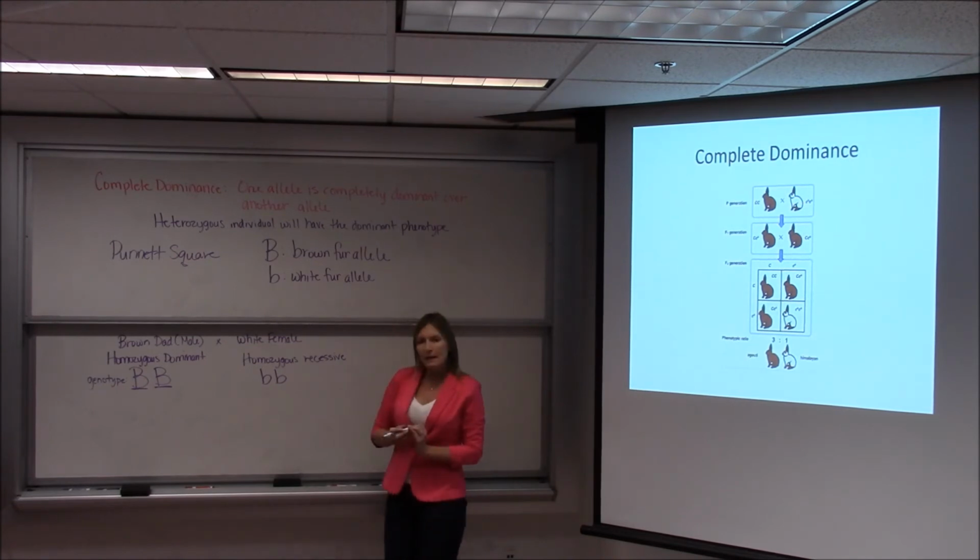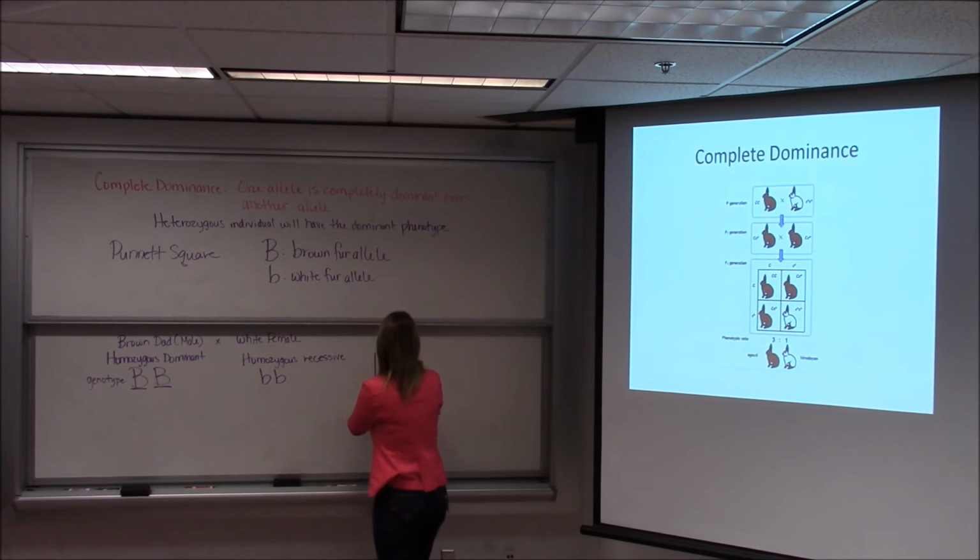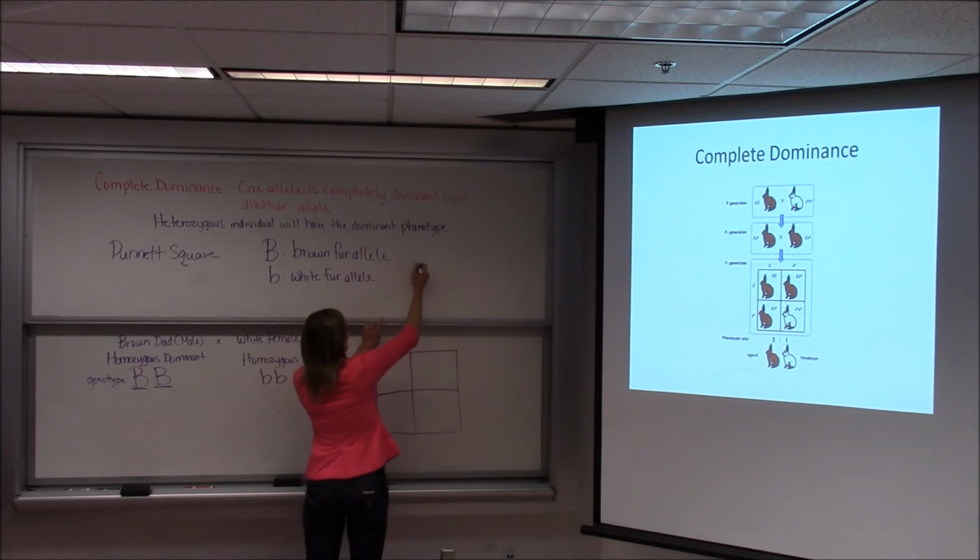So when they mate, we're going to use this Punnett Square to look at what their possible offspring will be. And in order to do that, we draw a square and divide it in fourths. Remember that whether it's a male or a female, here's their chromosome number 18 that we pretended has that fur allele on it.